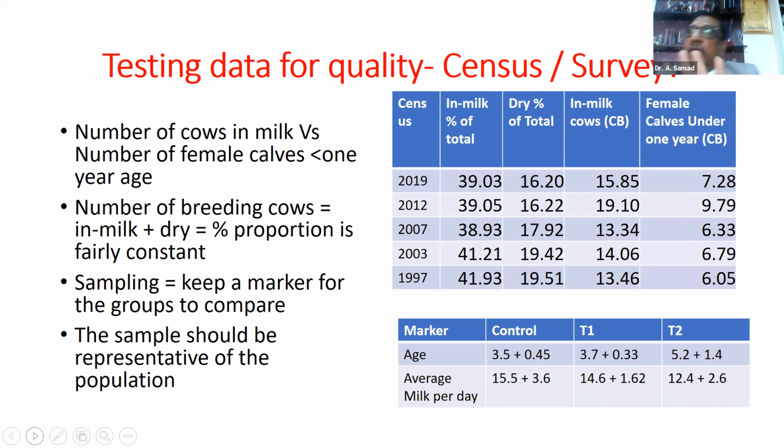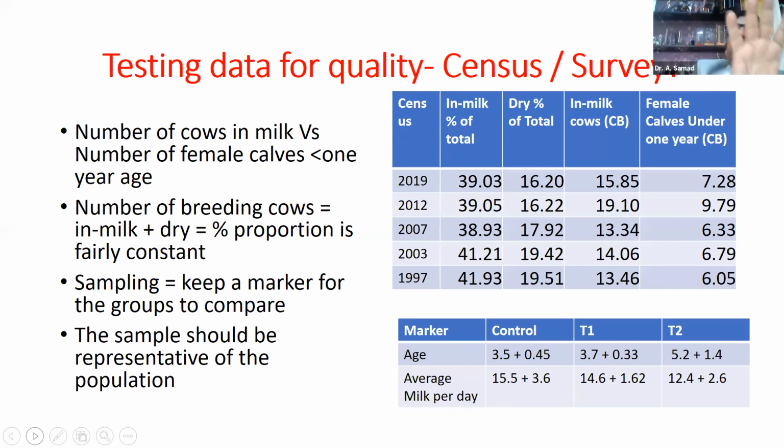And then number two, I also looked at the dry percentage, so that I could get the breedable cow population. The range of breedable population varies narrowly between minus 2% to plus 2%. Now, when I have, say, X number of animals in milk, they must also have given birth to calves.